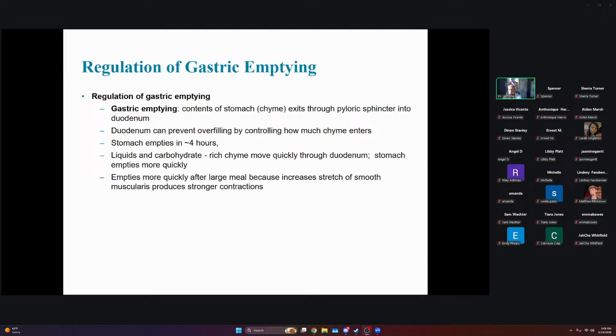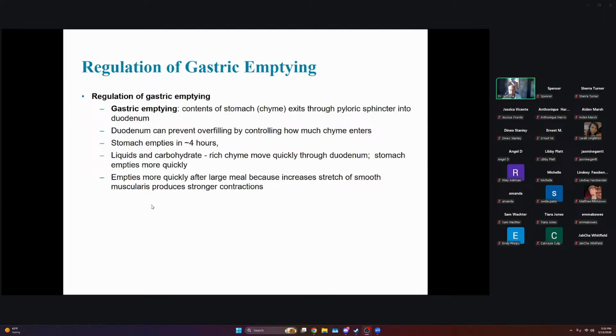That valve, that sphincter that connects the pylorus, the most inferior of the four regions of the stomach, with the duodenum, the first part of the small intestine. It's that sphincter that monitors what's going on already in the small intestine, and only when it's ready will open and allow more chyme to exit the stomach and make its way into the duodenum.